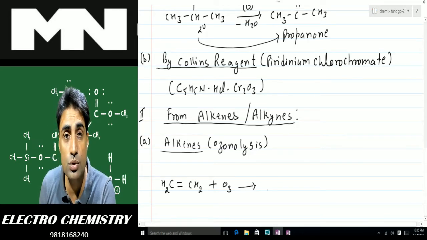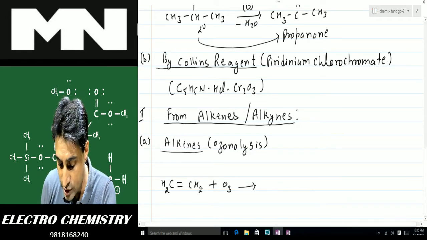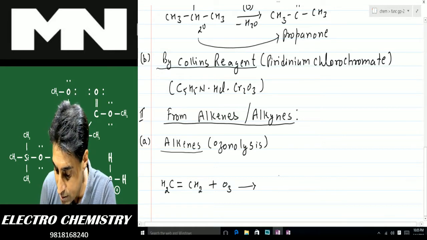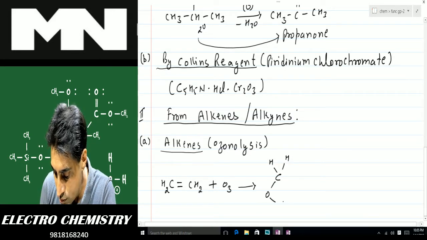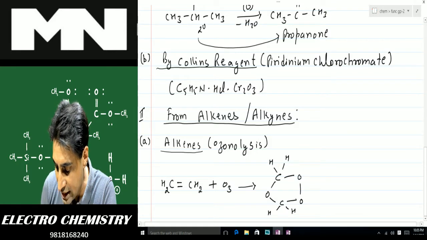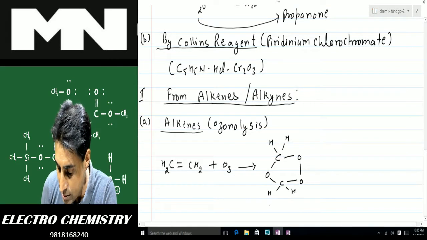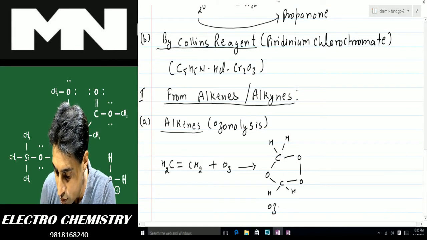Remember one thing, ozone always gets added to the double bond. I'll get a compound like this, CH2, CH2, where you can see that ozone has got added. Such a cyclic compound is known as ozonoid.